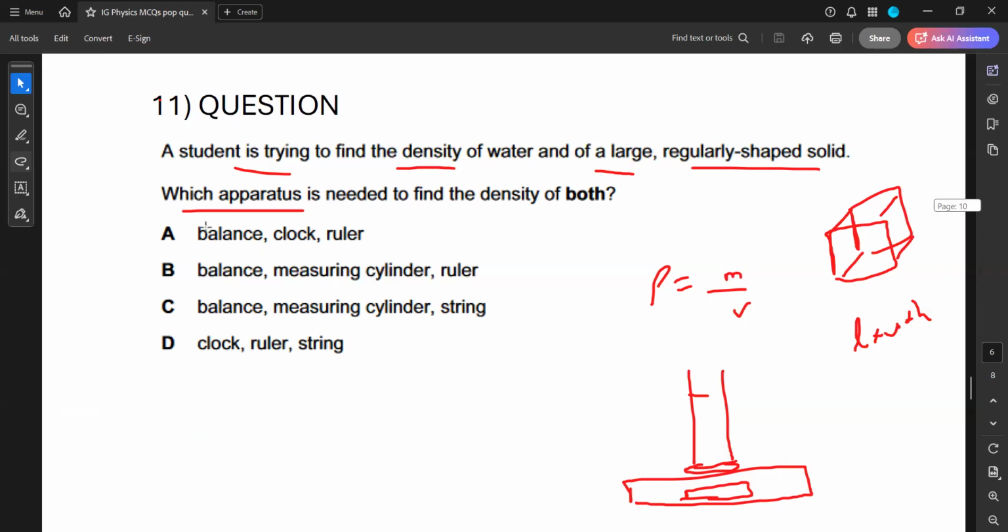So we don't need a clock, so anything with a clock is not correct. We need a balance to measure the mass. We need a measuring cylinder for the liquid, and we need a scale or a ruler to measure the dimensions of the regular shaped solid. So we need these three apparatus.